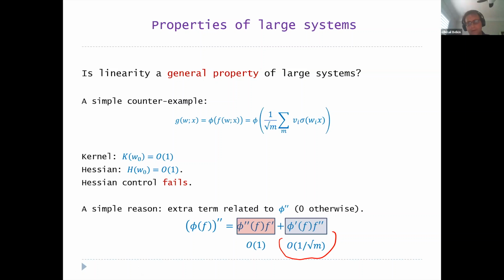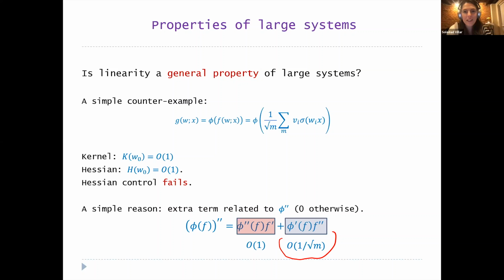We haven't looked at that. What's the condition for it to have this 1 over square root of m behavior for the Hessian for a recurrent neural network? I don't know. It's an excellent question, and it would be very interesting. I don't have any answer.